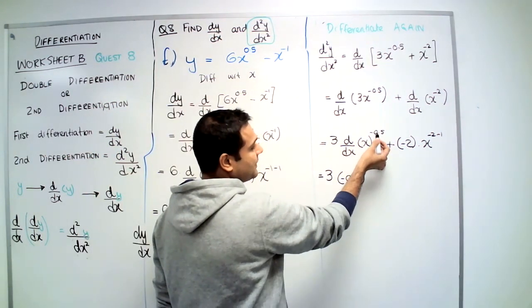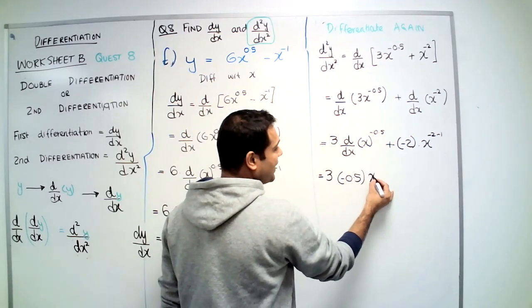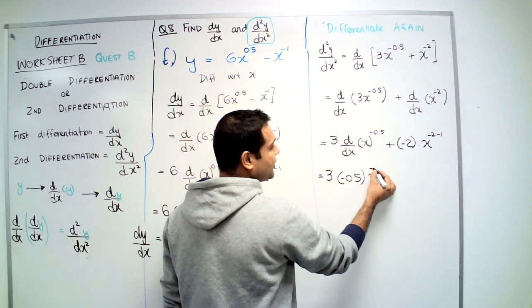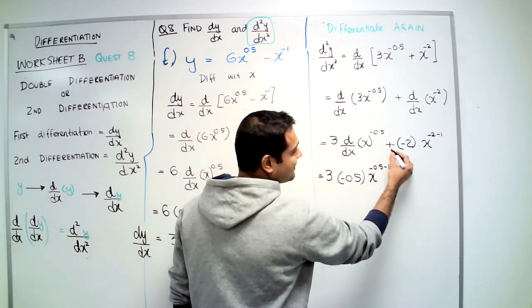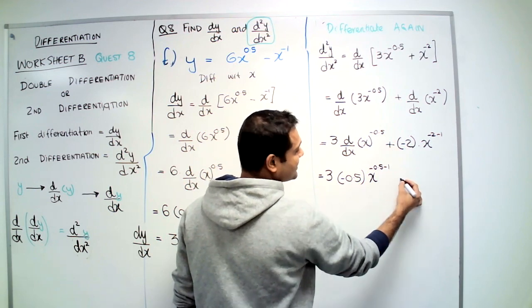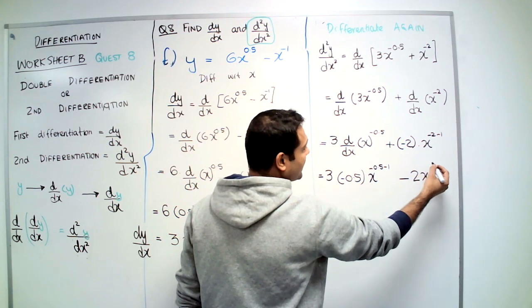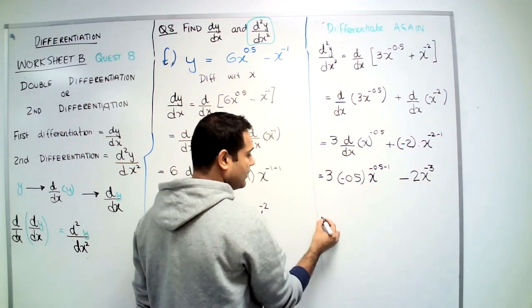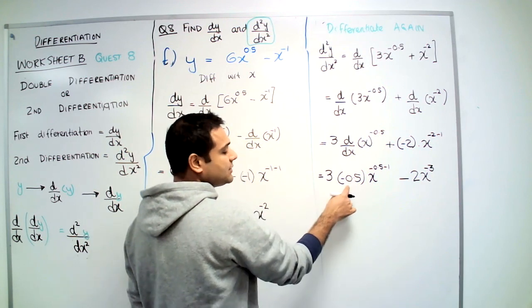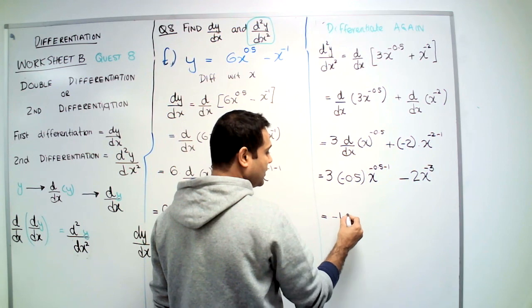Okay, so you got this bit. Now minus 0.5. Now for x, reduce the power by 1. So minus 0.5 minus 1. That becomes a plus, minus times minus is a plus, 2x^-2 minus 1 is minus 3. Okay, 3 times negative half is minus 1.5.